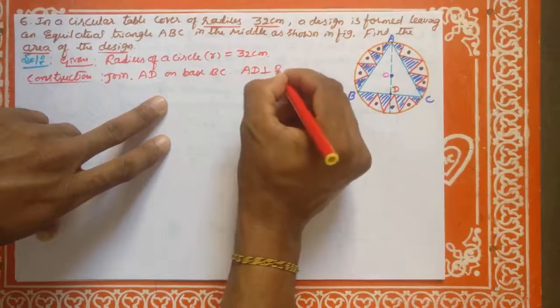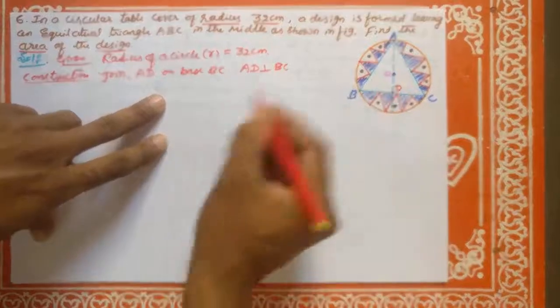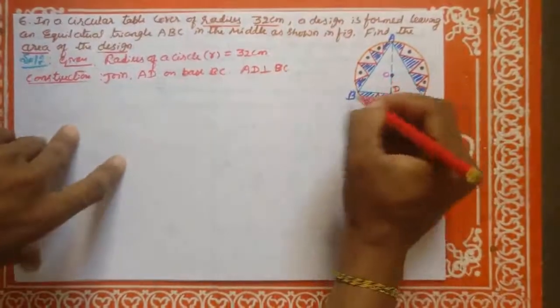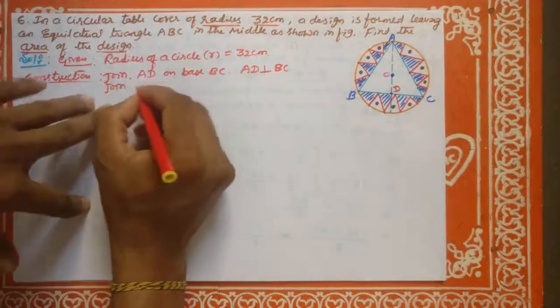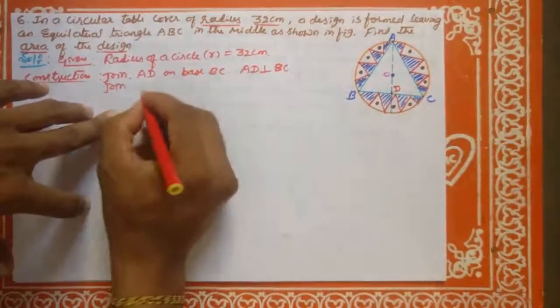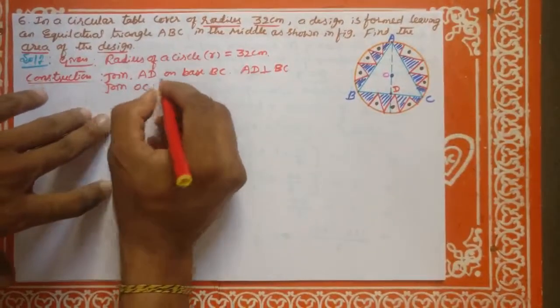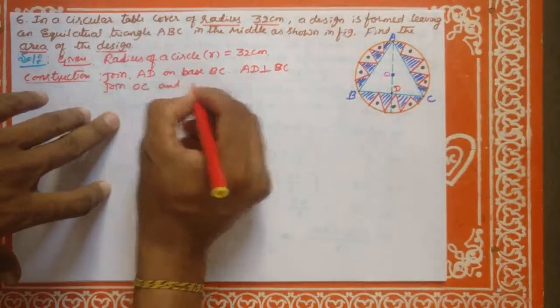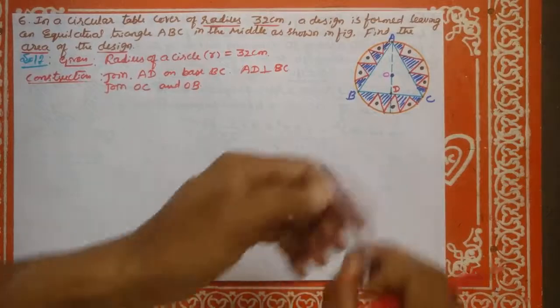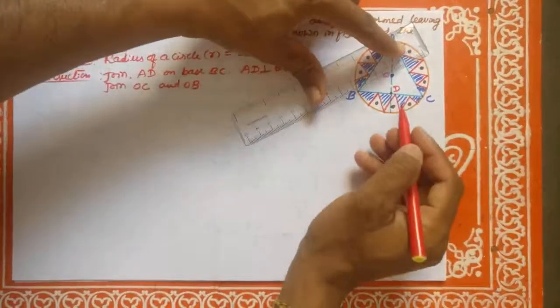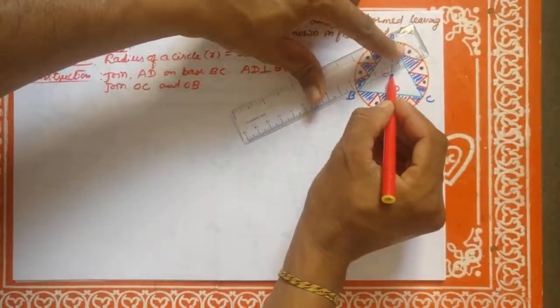AD is perpendicular to BC. Okay, and also join OC and OB. Join OC and OB. I will join this one. Okay, this also need.